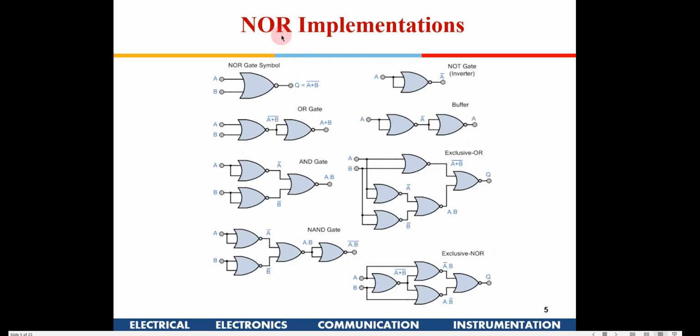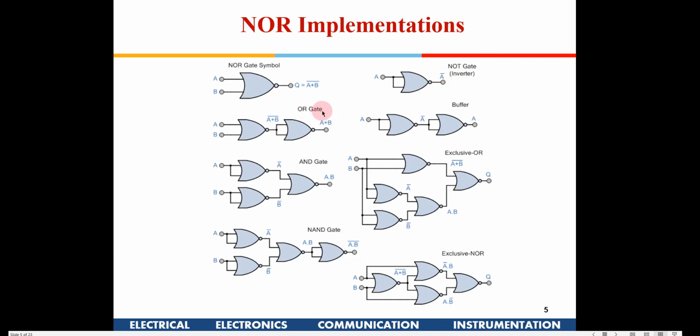Similarly, we can have NOR implementations also, and that means all the various functions can be implemented using a NOR gate too. The first one we have already seen. We can make an inverter by shorting the 2 inputs. So this is a NOR gate, and if you short both the inputs, then it will act like an inverter.